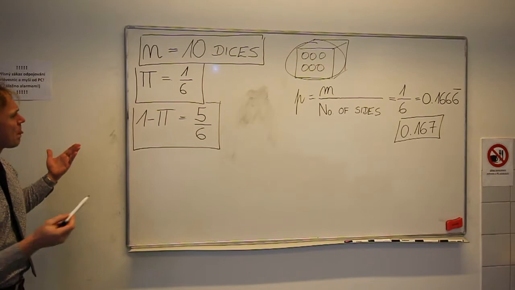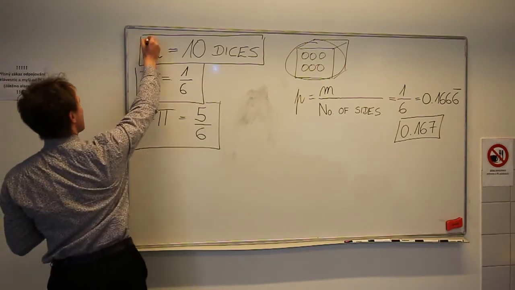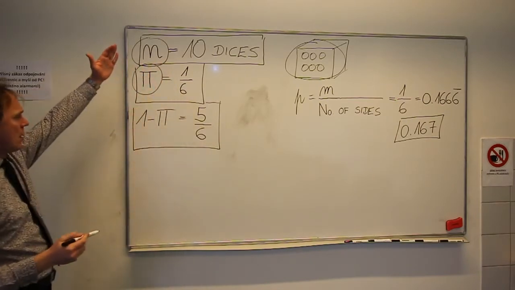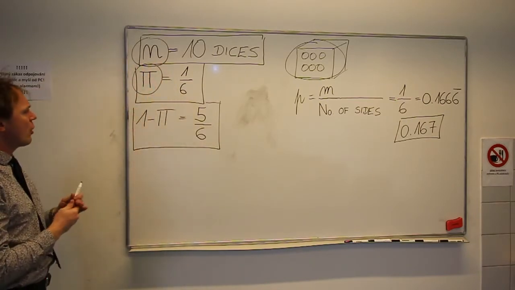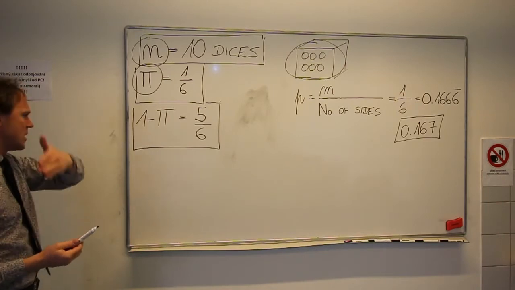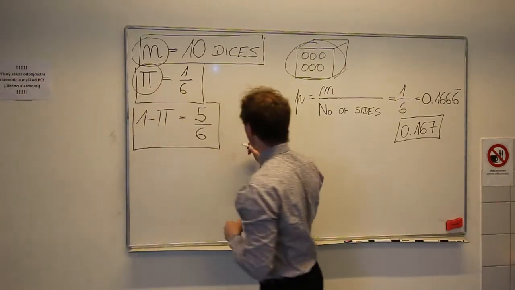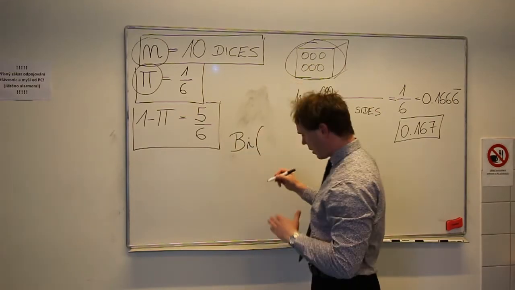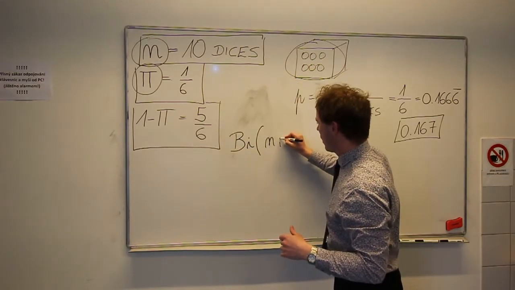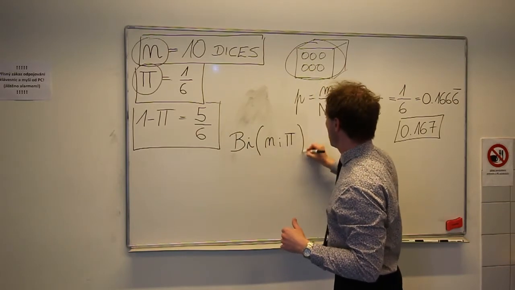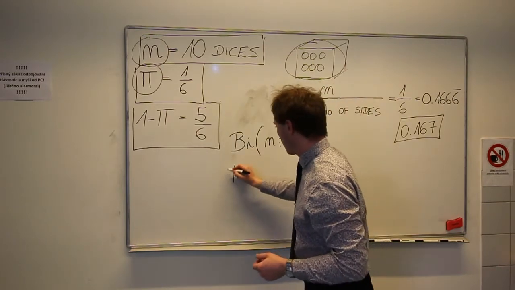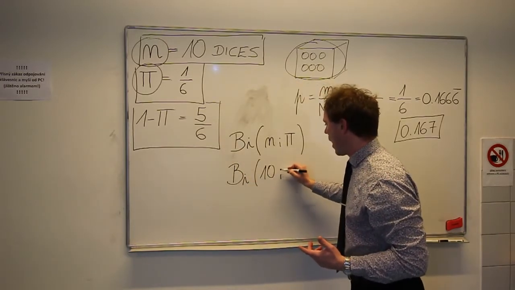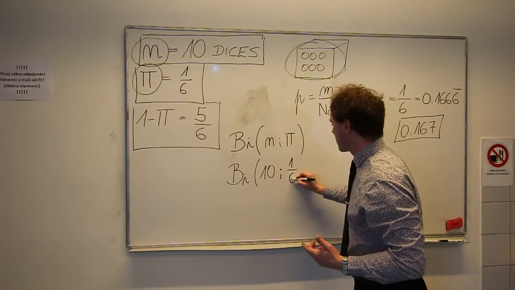And now we can see that we have here two important parameters, n and p, and if you check your formulas, you will see that two parameters n and p mean we use the binomial probability distribution, binomial distribution with parameters 10 and 1 divided by 6.